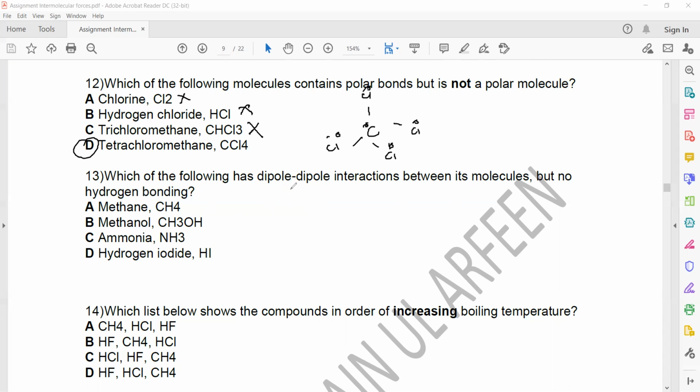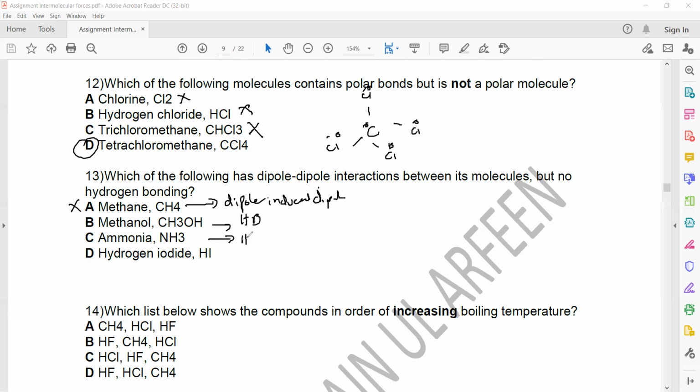Next, which of the following has a dipole interaction between the molecules but no hydrogen bond? The term dipole interaction means there should be permanent dipoles. In CH4, there will be induced dipole or London dispersion forces, so it cannot be that. B will have a hydrogen bond, Hb in short.